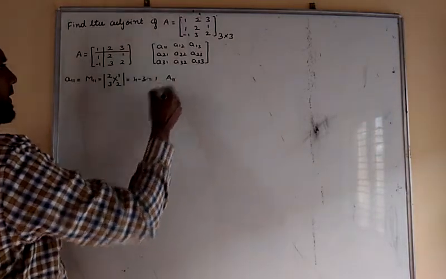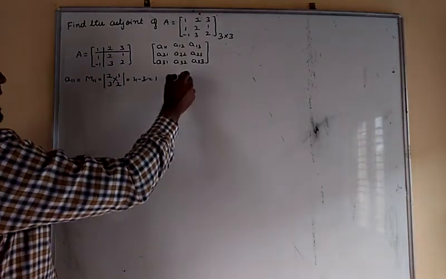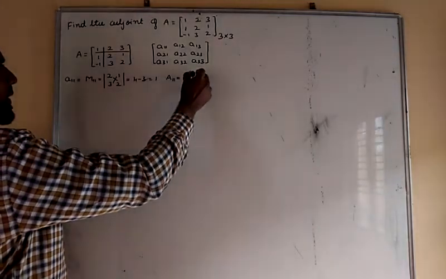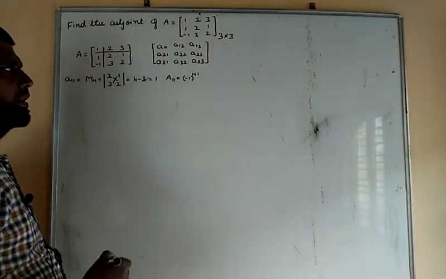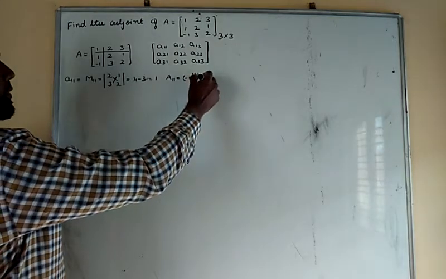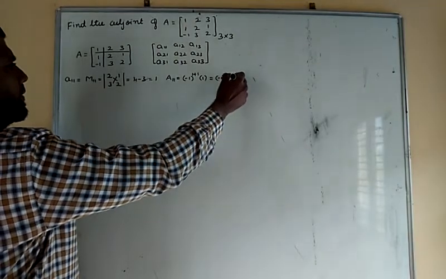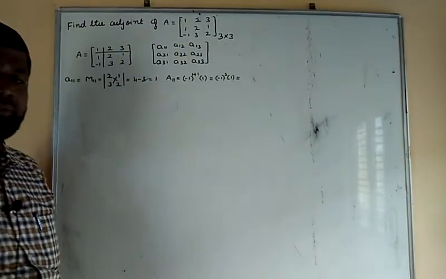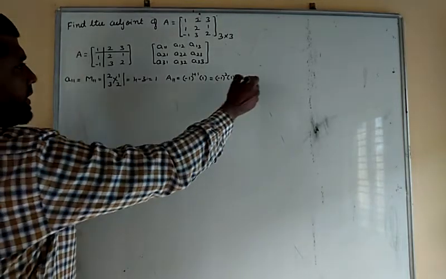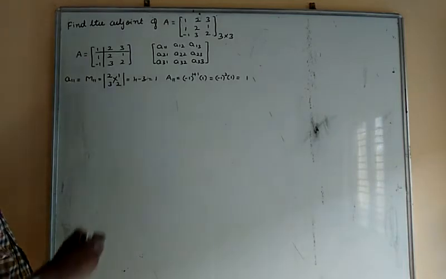The cofactor of A11 is capital A11, equal to minus 1 whole to the power of 1 plus 1, into 1, that is minus 1 to the power of 2 into 1, which is plus 1 into 1, that is 1. So the cofactor of A11 is 1.